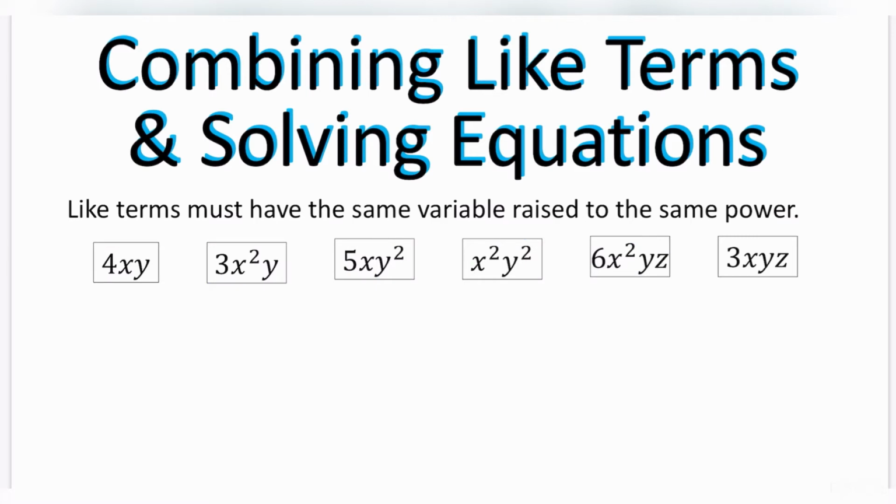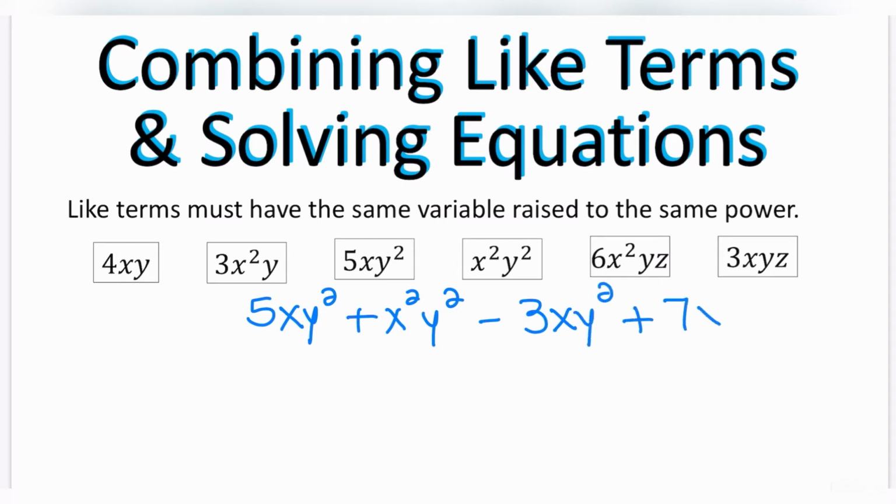Let's use the terms that we actually have here so that we can set up a problem so that you can start figuring out which ones are like terms and can be combined. So let's say hypothetically the question says 5xy squared plus x squared y squared minus, let's say, 3xy squared plus 7x squared y squared plus 5xy.